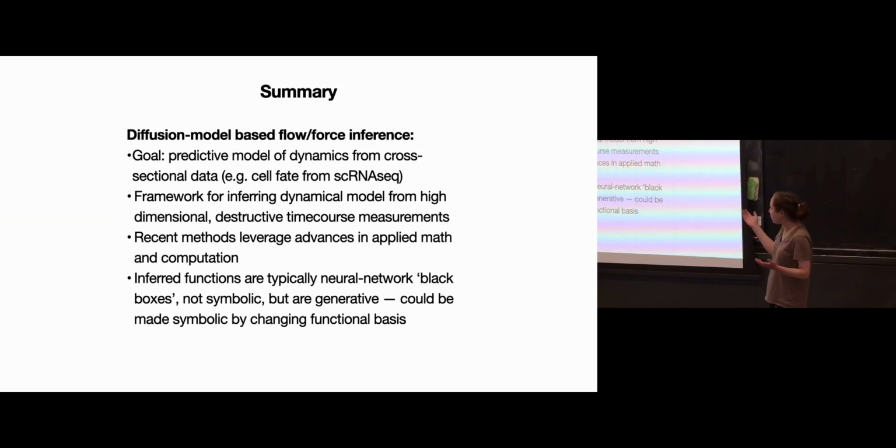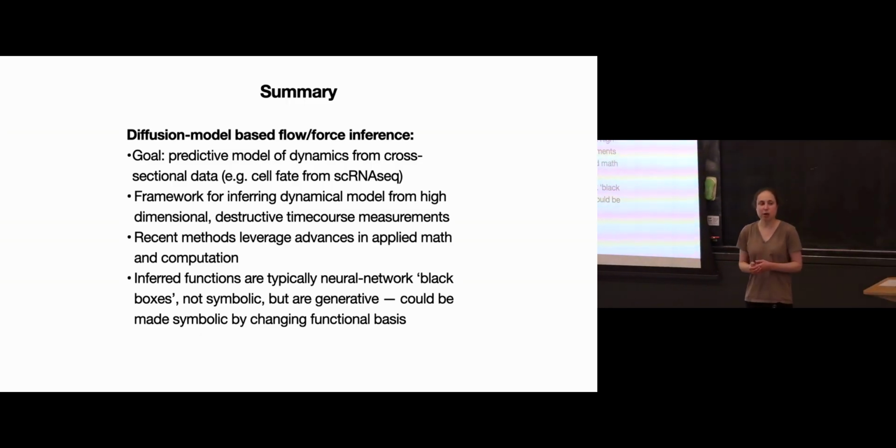One of the reasons I think this is interesting is that it does really leverage a number of recent advances in applied math and computer science. And again, these inferred functions, in most of these cases, are neural network black boxes. That's how these methods work. It isn't necessary.